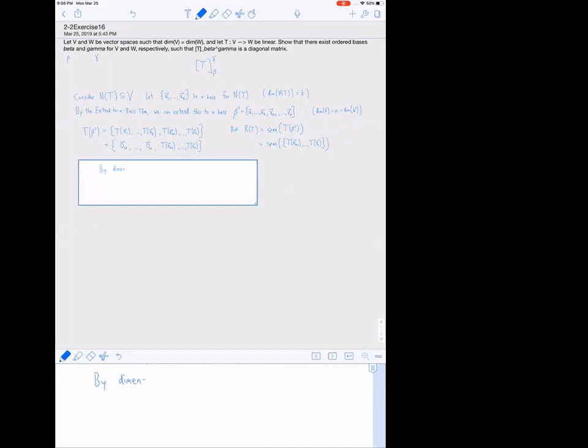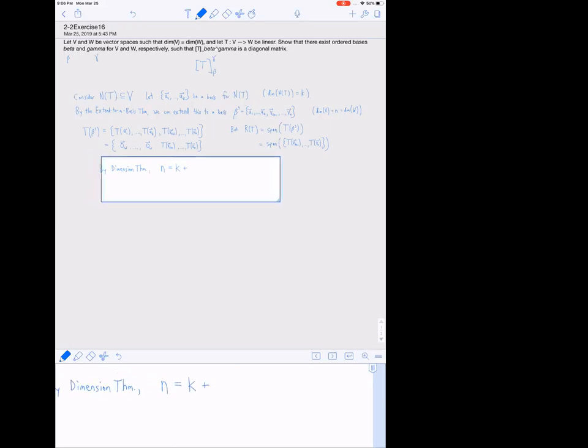You can use the argument in the proof of the dimension theorem, or since we know the dimension theorem, we can use the theorem itself now. By the dimension theorem, the dimension of V, which we called N, is equal to the nullity K plus the dimension of the range.